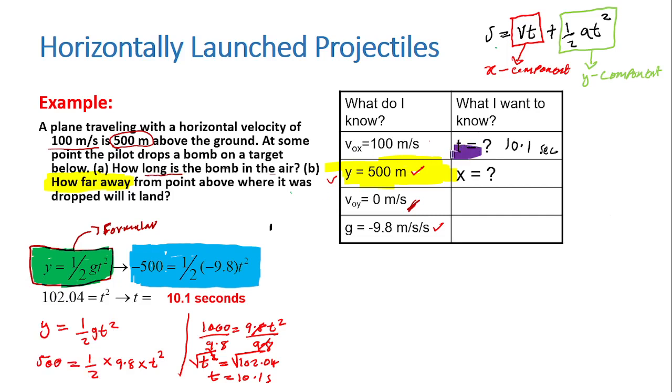Since we now have time, and we now also have the velocity which doesn't change, which has been kept constant throughout, the 100 meters per second, it's very easy for us to find the x component, which is the horizontal distance.